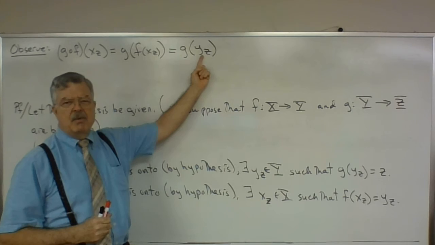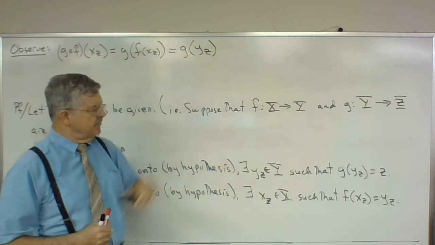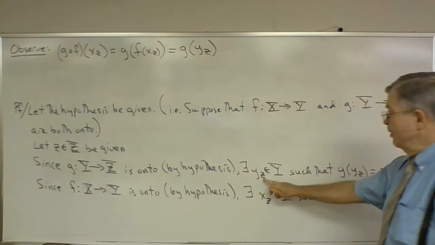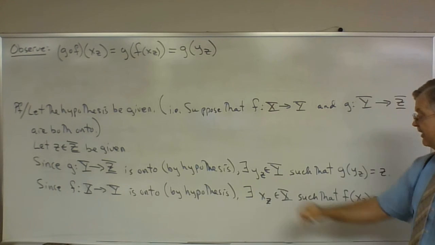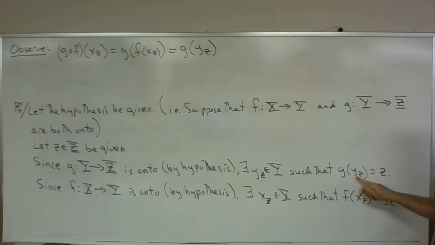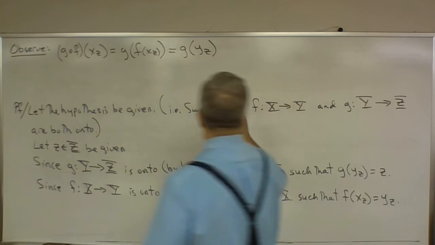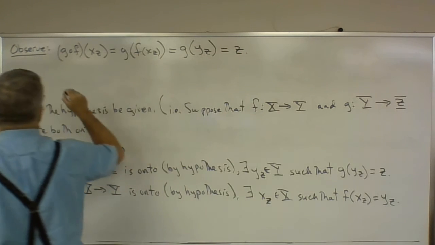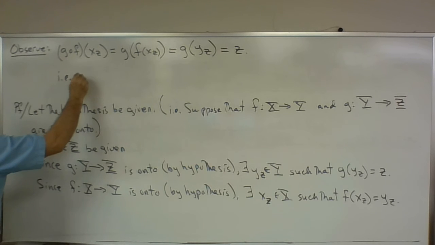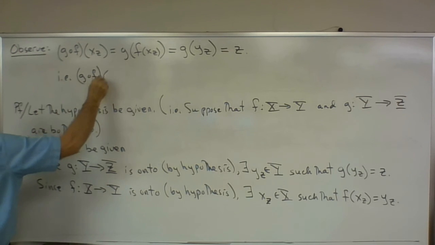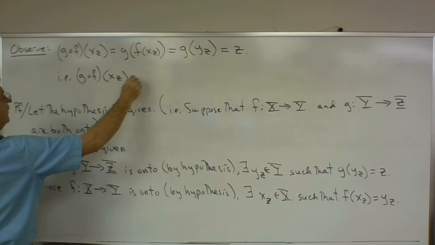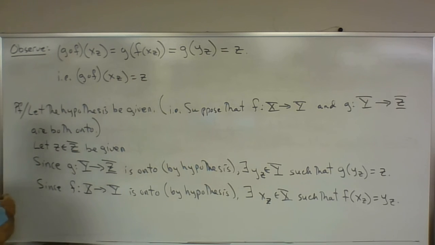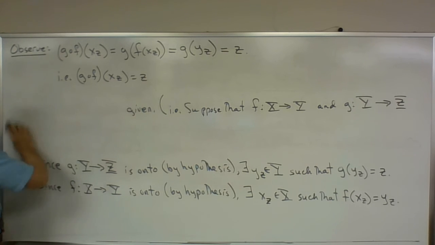Now, what do I know about y sub z? Well, over here, it says that g evaluated at y sub z is equal to z. Technically, our proof is finished right here.